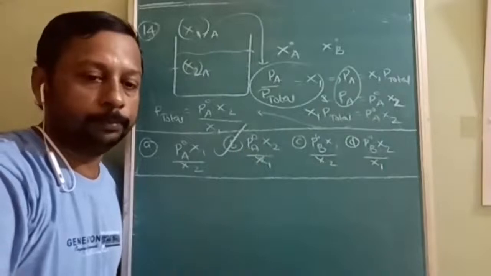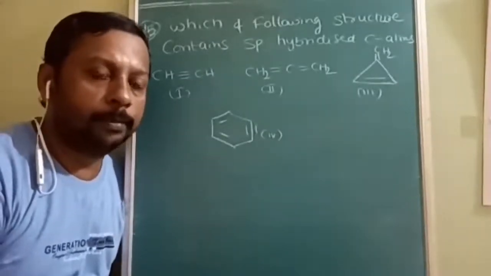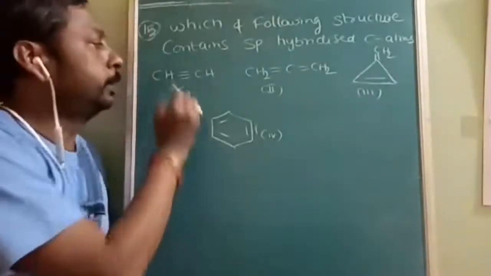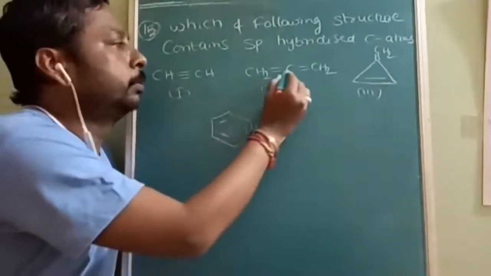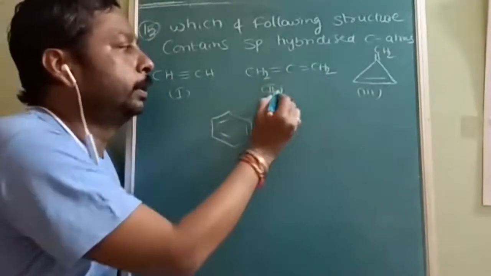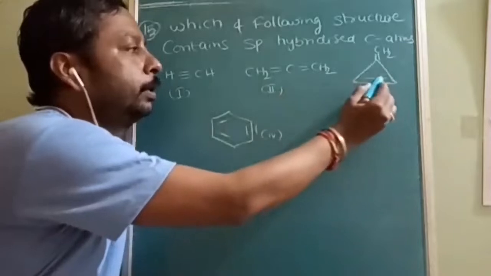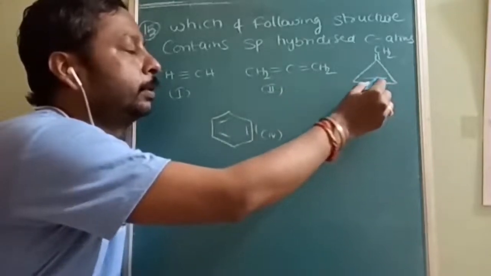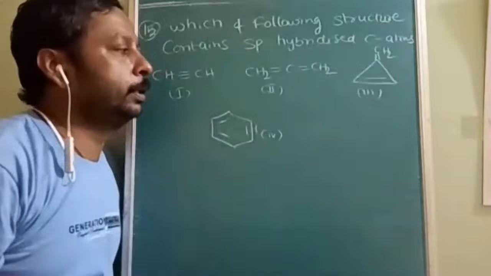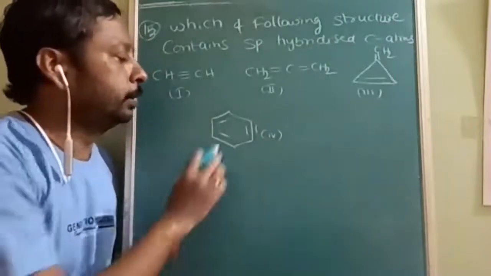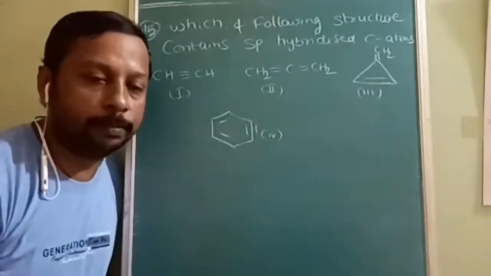Okay, next question. Four molecules are given: CH triple bond CH, CH2 double bond C double bond CH2, a triangle, cyclopropene with attached CH2, and the fourth is benzene.